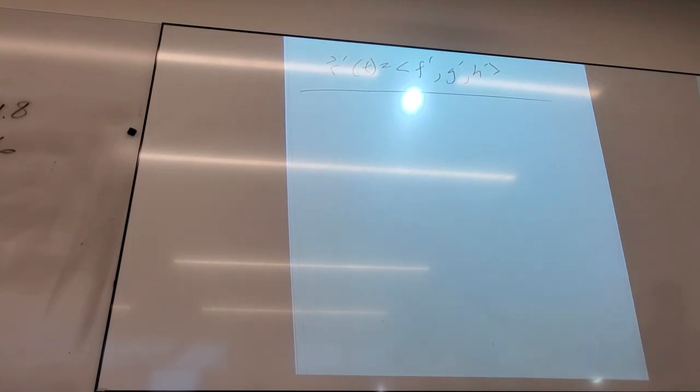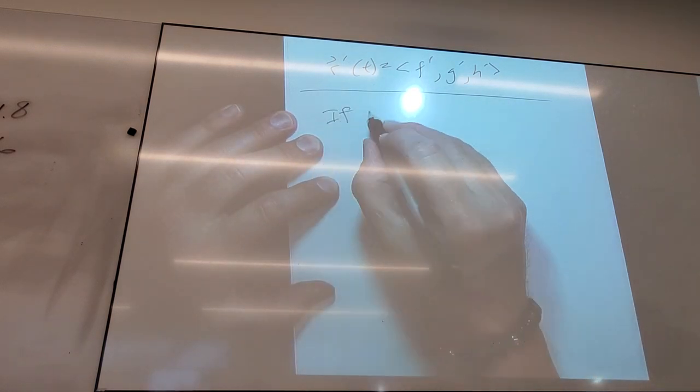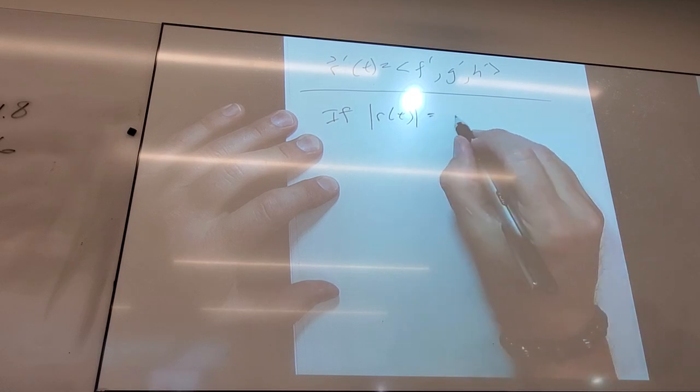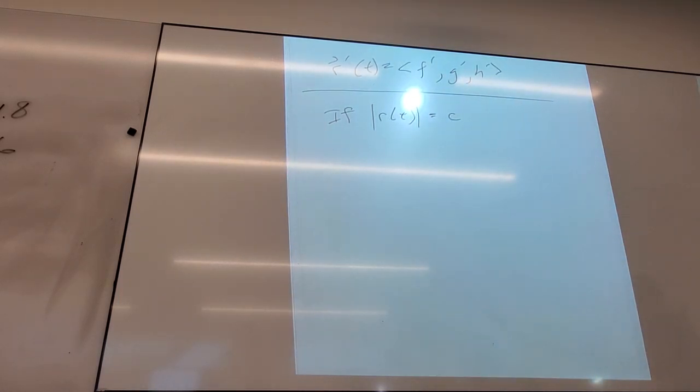Today we're going to look at something kind of nifty. The last thing we did last time was we said if the length of the space curve is constant, then what's true?